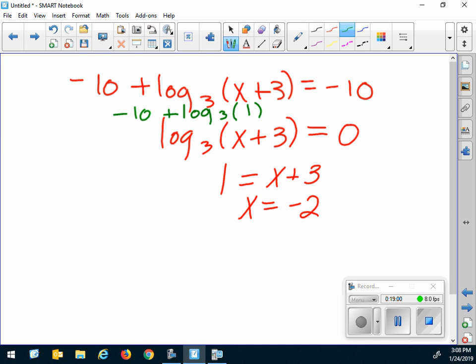What is log base 3 of 1? 3 to what power is 1? 0. This is -10 plus 0, which is -10. Works.